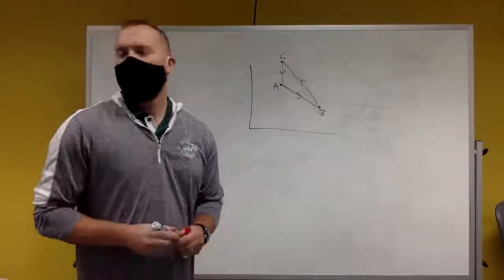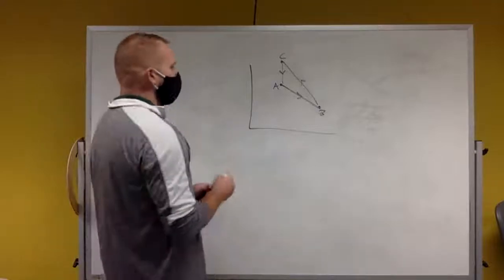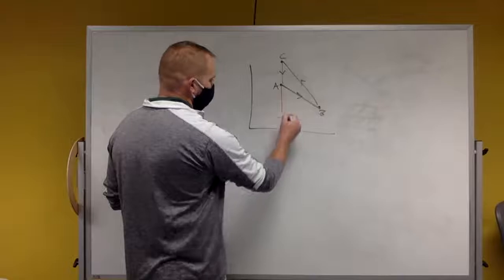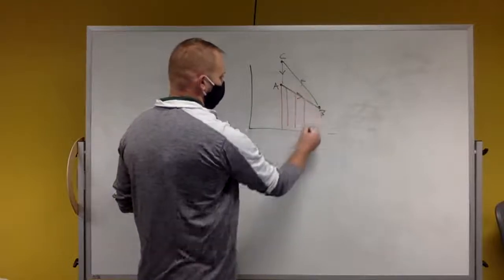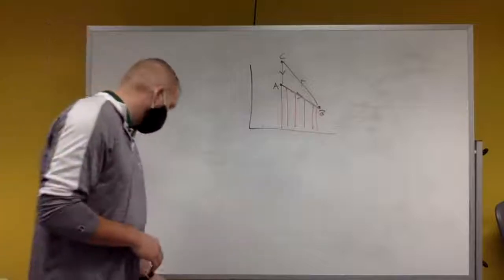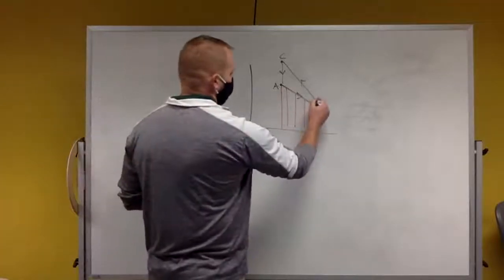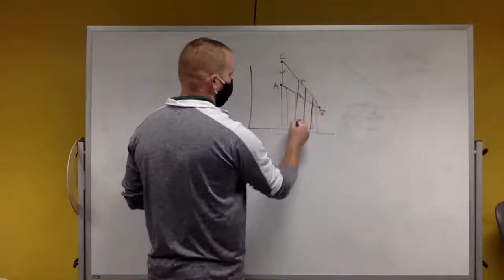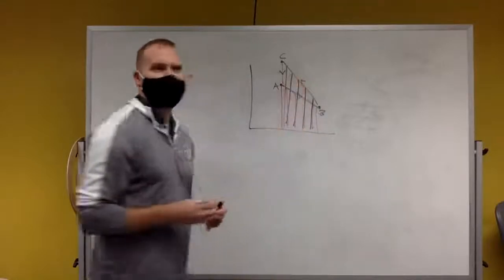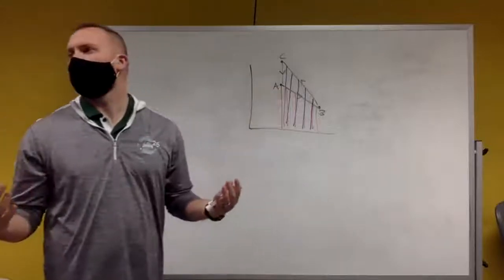The net work, right? So think about this. During one complete cycle, there is work done here, from A to B. And there is also work done from B to C.